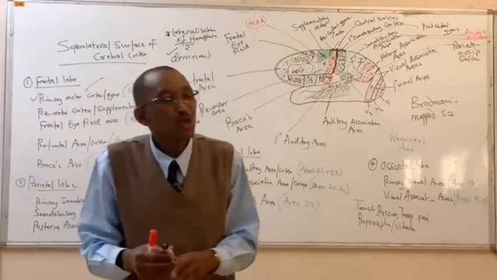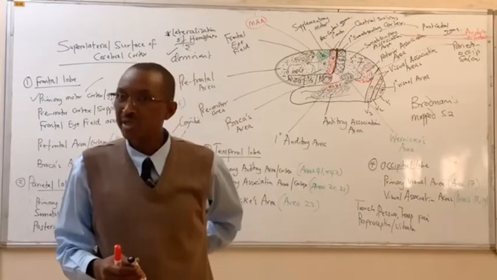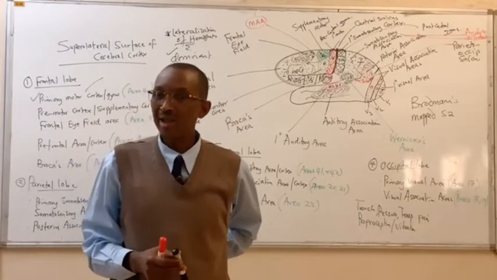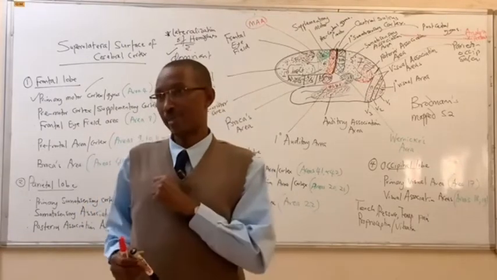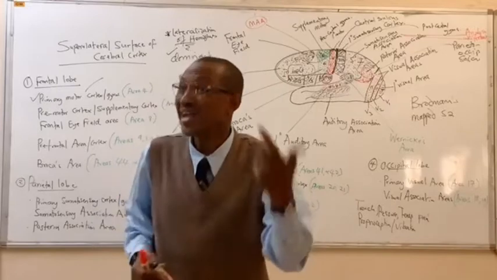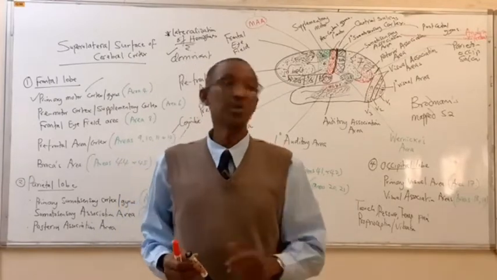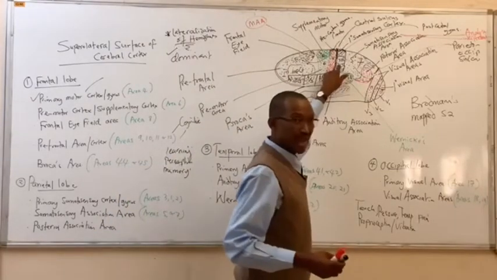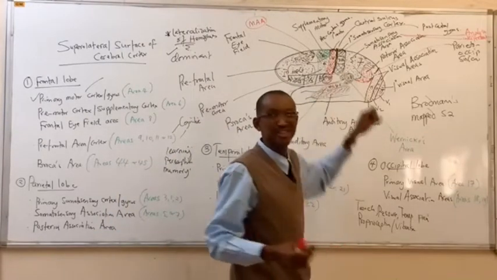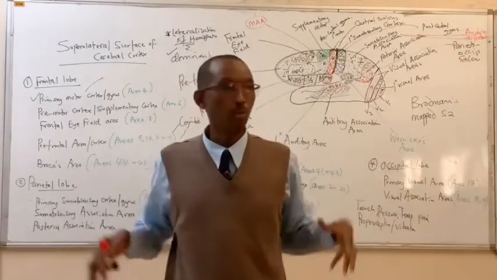So you are able to analyze the kind of object I put on your back, and to say, this is a knife. That means you are able to recognize that object, even if you are not looking at it. So by the time sensation comes, the primary somatosensory area receives the sensory information from our body.